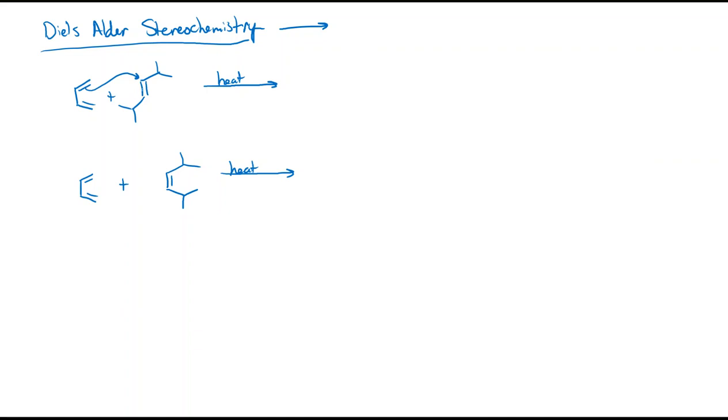Arrow 1 goes to the dienophile, arrow 2 comes back to the diene, and arrow 3 moves the pi bond over. And so in both cases, we're going to get a 6-membered ring with a pi bond in it.